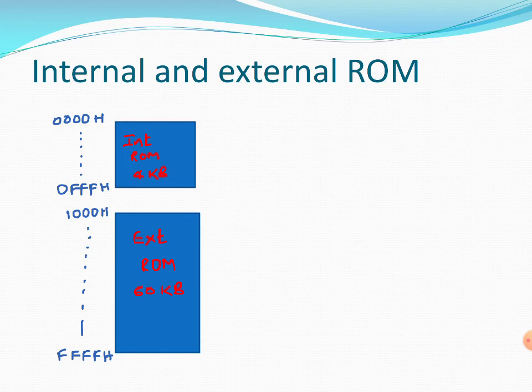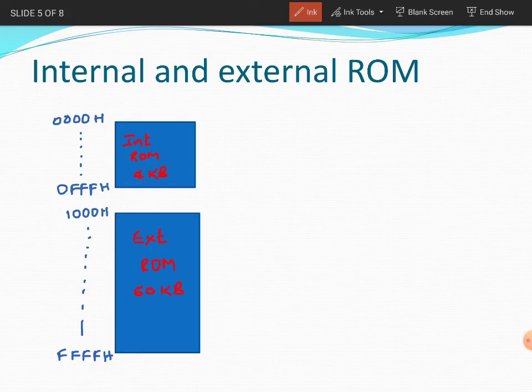The second case is internal plus external ROM. We already know the internal ROM is 4 kilobytes. How many address lines do we have? 16. So the maximum I can connect is 2 power 16, which is 64 kilobytes of memory. Since I am already using the internal 4 kilobytes, the external ROM can be only 60 kilobytes.